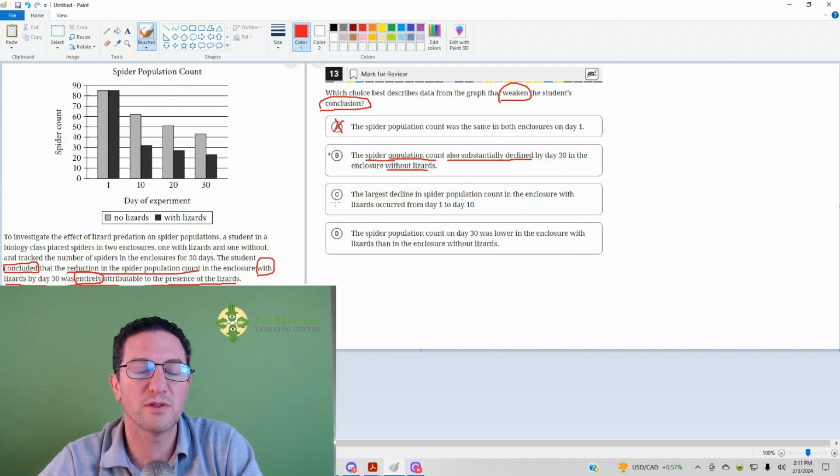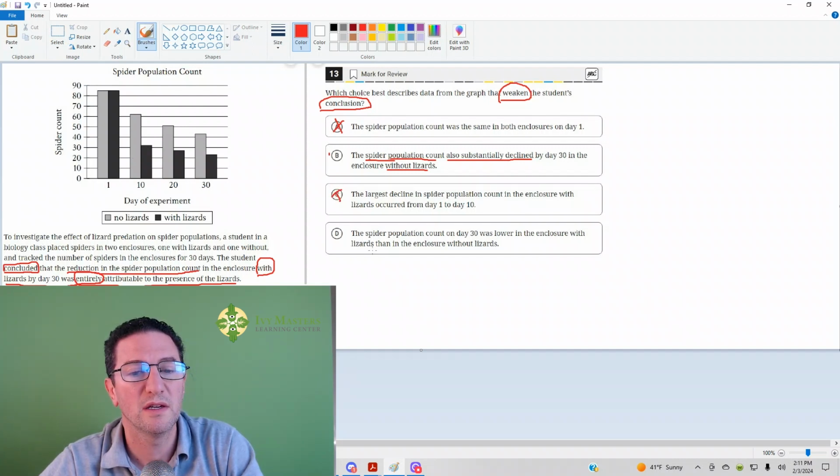We're going to look at the other answer choices though. C, largest decline in spider population in the enclosure with lizards occurred between day 1 and day 10. Well, if anything, that supports the student's conclusion, because we would expect those lizards are hungry, and by day 10 they're going to eat just about all the spiders in there. See, it's gone.